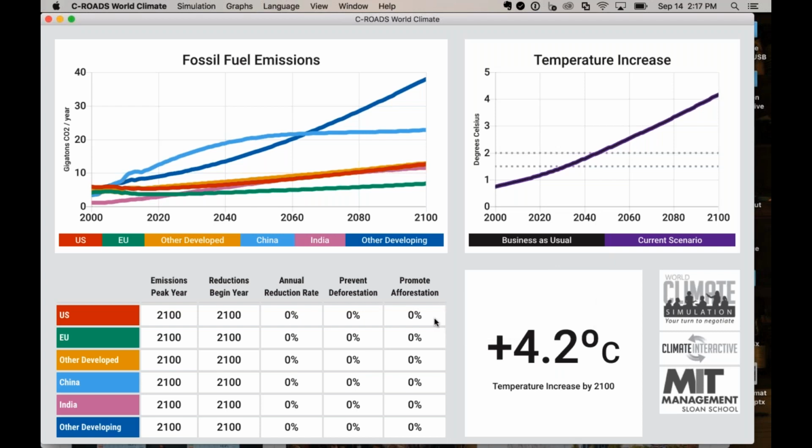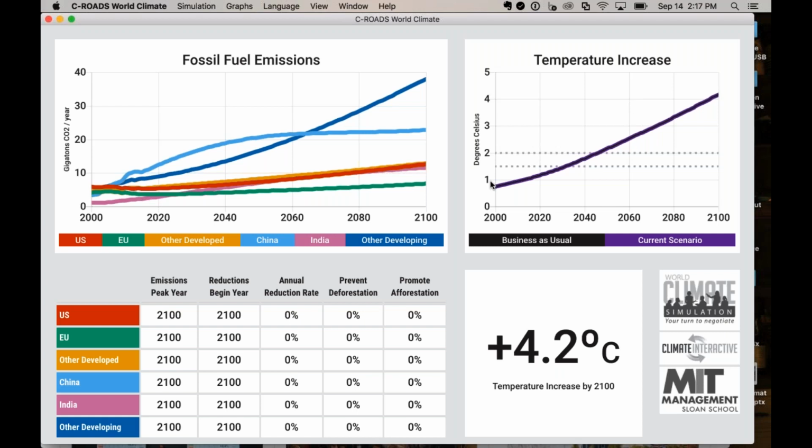And so what you're looking at here is the C-ROADS main interface, and this is what it looks like generally when you open it up. On the left, you have fossil fuel emissions from the year 2000 to 2100. Then on the right, you have temperature change from the year 2000 out to 2100. Everything right now is set as kind of the business as usual, or what we call the reference scenario.